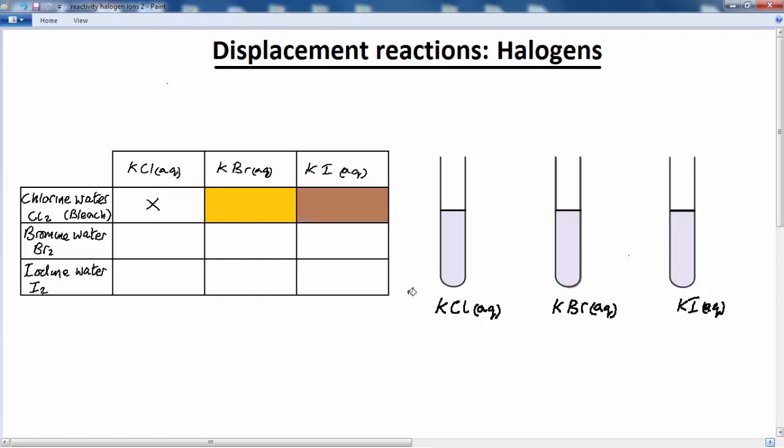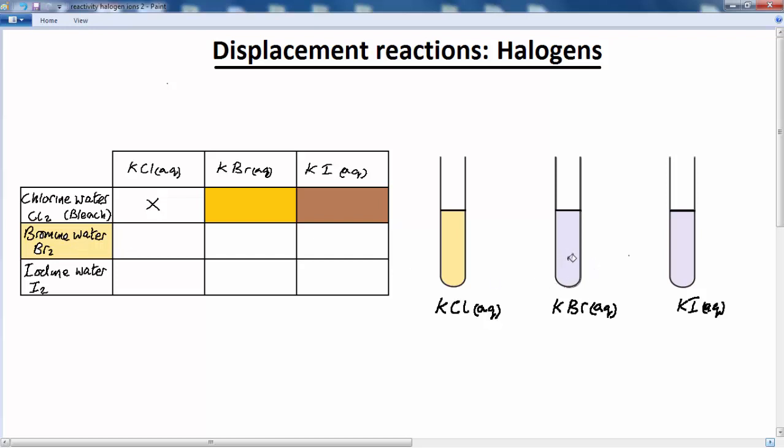Next we're going to observe the reaction with bromine water, and bromine water has an orangey, yellowy sort of colour. First we're going to add it to the potassium chloride solution. That's going to change colour because we're adding the bromine water to the solution, but no reaction will take place. It just adopts the colour of the bromine water.